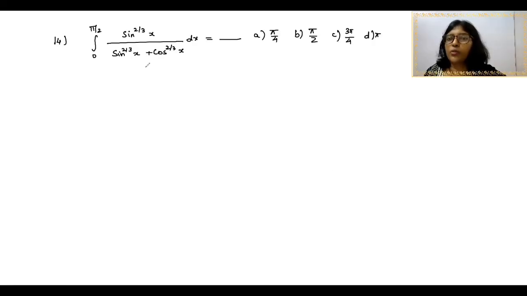Question 14 now. If you see, this is a question of sine cos, and limits are 0 to pi by 2. These are some questions of the kind wherein we have 0 to a of whatever the function, and if you apply 0 to a of f of a minus x, the missing term from the denominator will be obtained here.